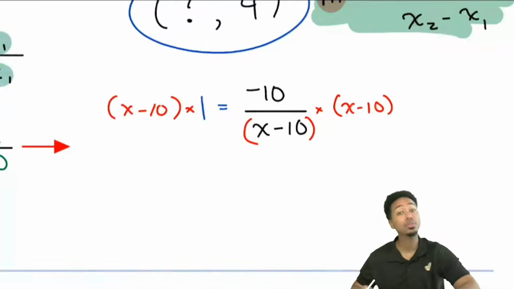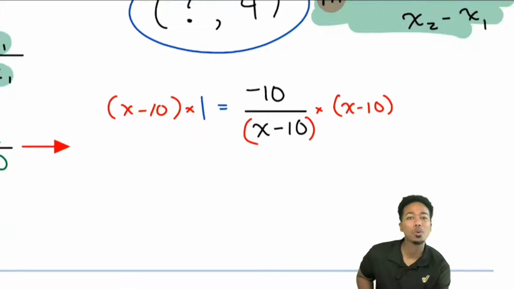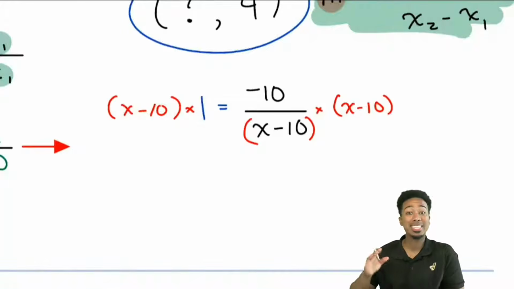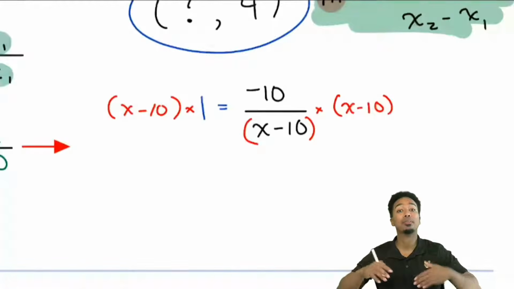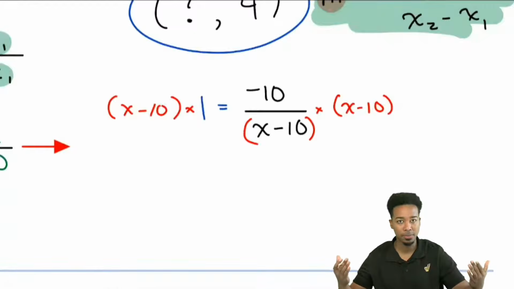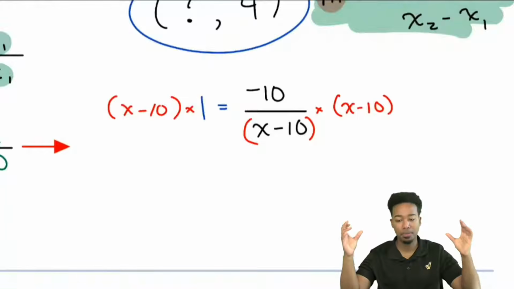If you didn't know you could do that, well, welcome. So all I'm doing here is getting that variable, that x, out of the denominator by multiplying both sides by the denominator. That's how you can get rid of the stuff on the bottom and place it up top.